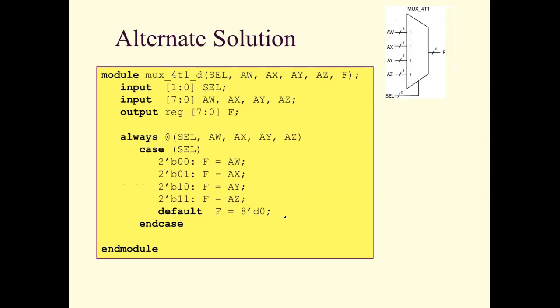So the alternate solution is very similar. I think the only difference here is that I've declared these values as binary rather than decimal as I did in the last solution. So this solution uses a case statement. These are all the circuit inputs as part of the sensitivity list of the always block.